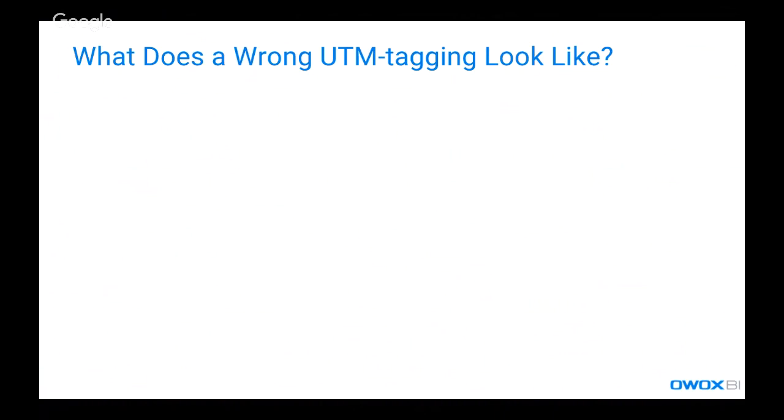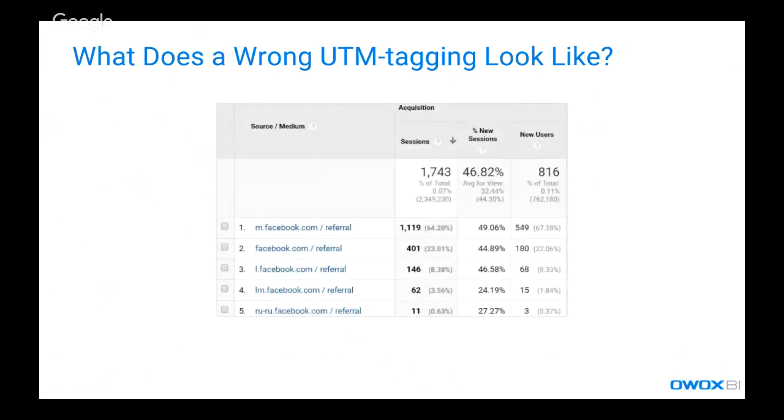Okay. First of all, how to understand that something is wrong with your links. In the screenshot below, you can see a source medium report with different variants for Facebook traffic. All of them are marked as referral because there is no right tagging in it. Using the link below, you can get access to a test GA account if you don't have any account yet, and you can open all reports from this presentation there.